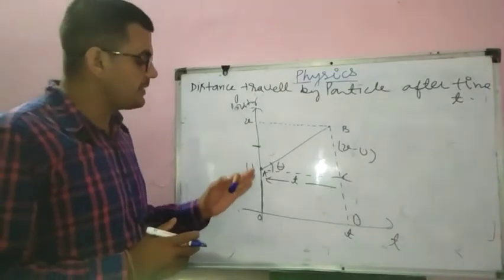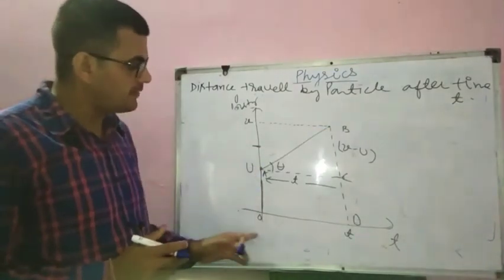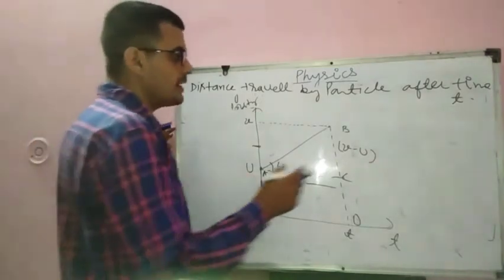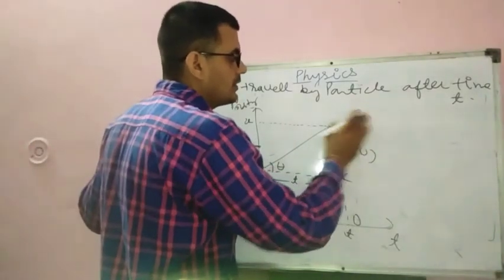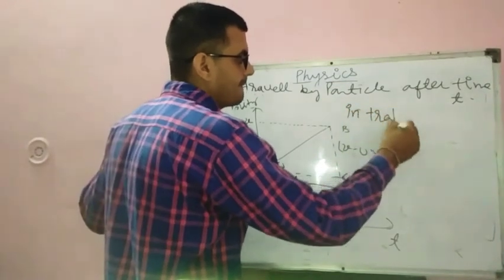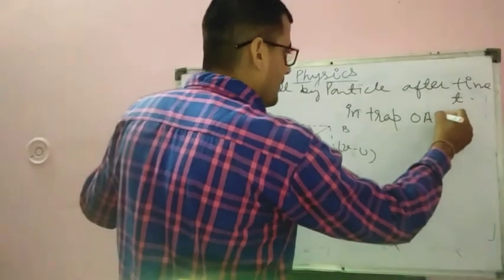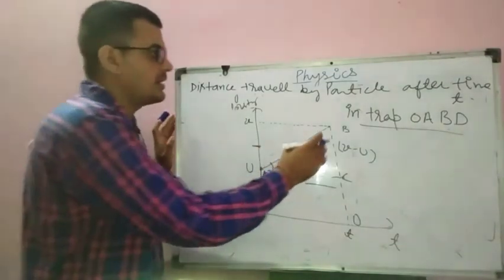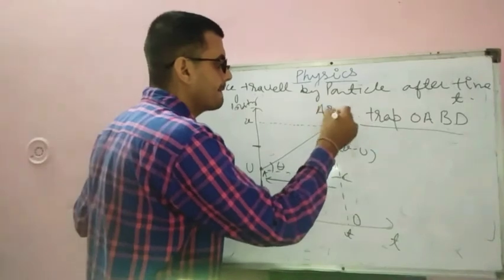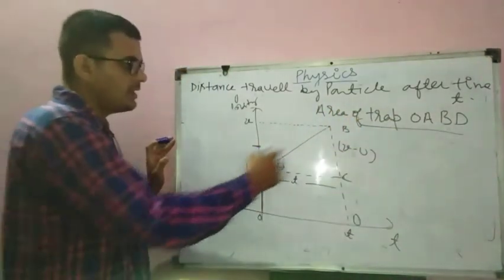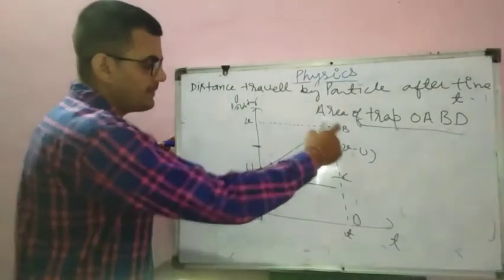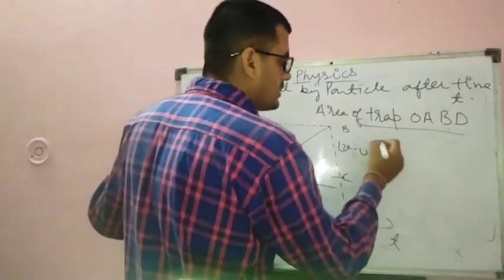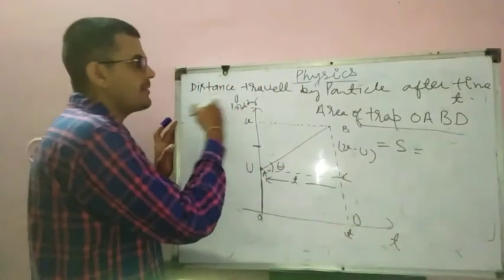As you know, this is the shape of a trapezium, OABD. So the area of trapezium OABD will be equal to the distance traveled by the particle.